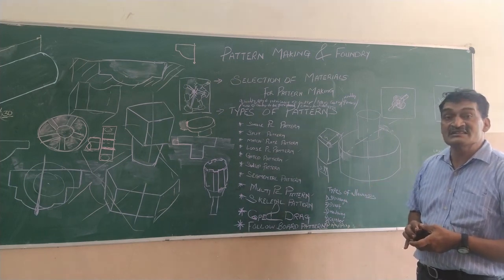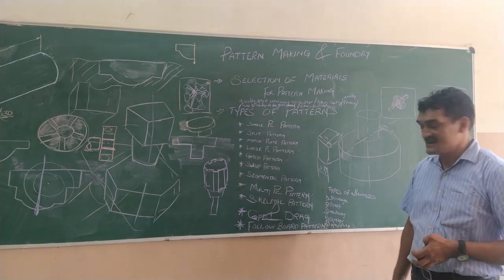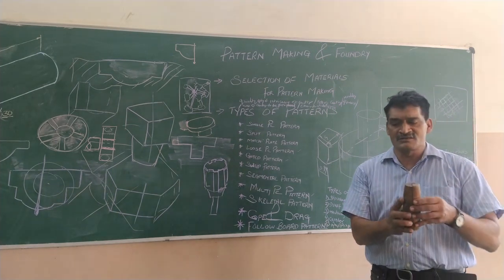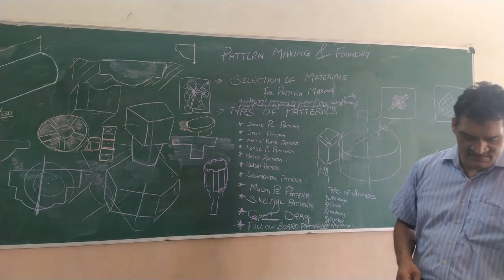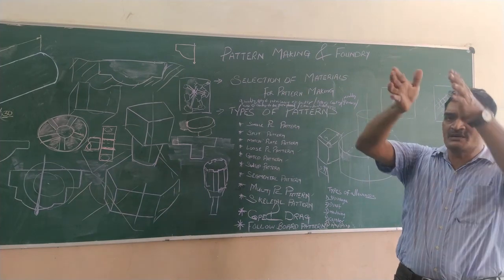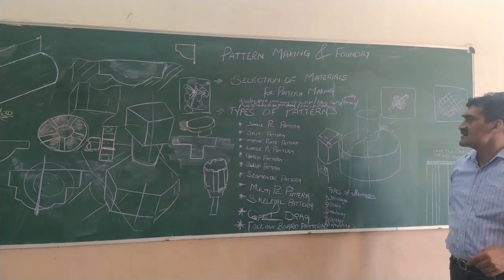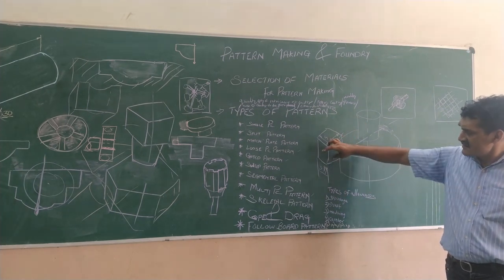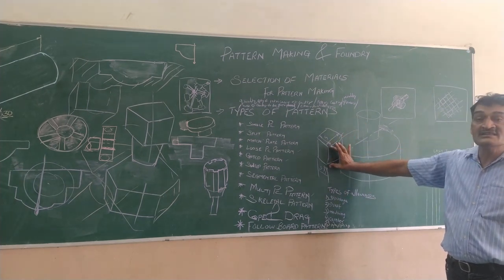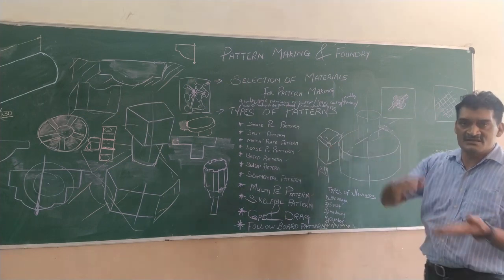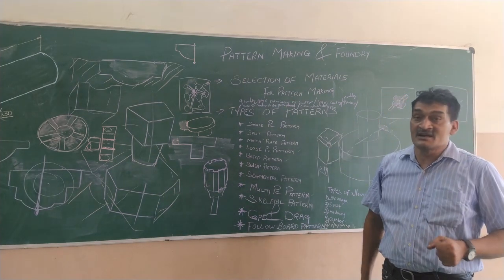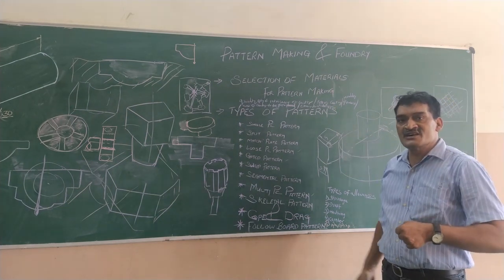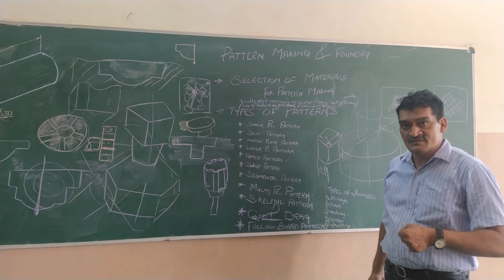The next allowance is draft allowance. Let us say we have a very long casting, a square bar, something like this. This is 4 inches, this is 4 inches. The length is 12 inches, that is 30 centimeters. Now, since it is very long, it is difficult to extract it from the mold.